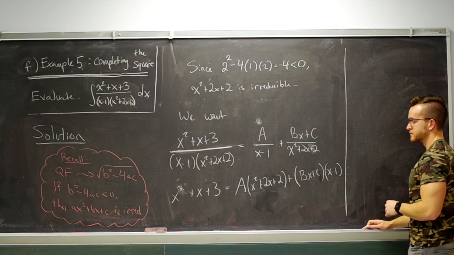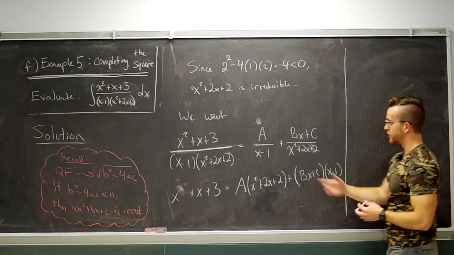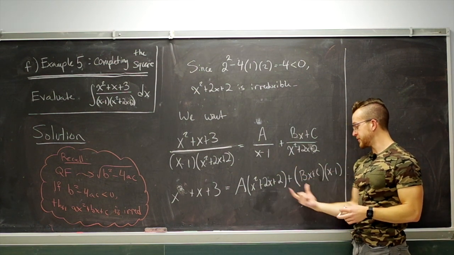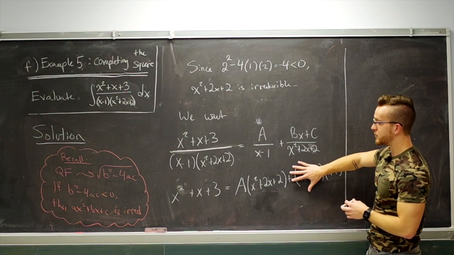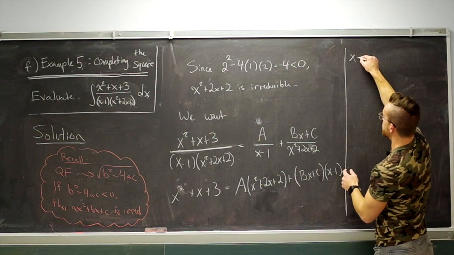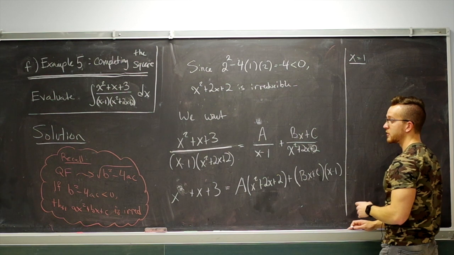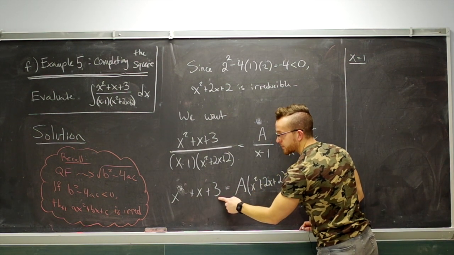Also, as before, we have a linear factor. So the first thing that I'll do is plug in the root of that linear factor to immediately get a. The root of our linear factor is 1. So if I plug in x equals 1, what equation do we get? 1 plus 1 plus 3 is 5.